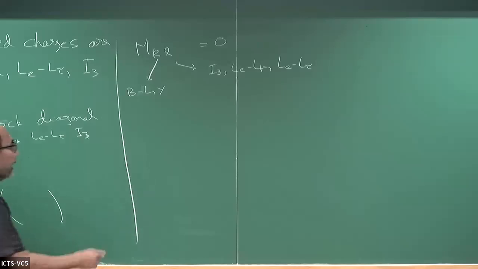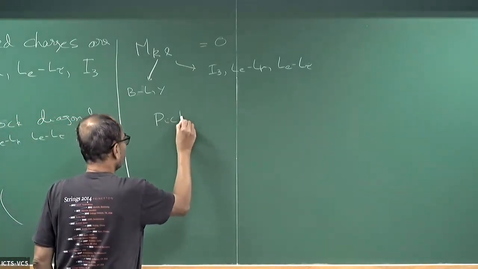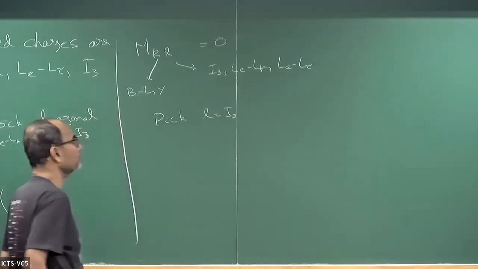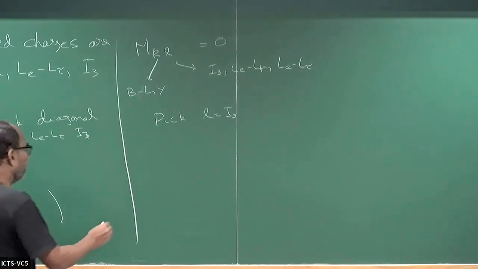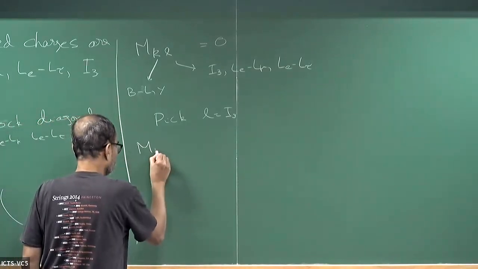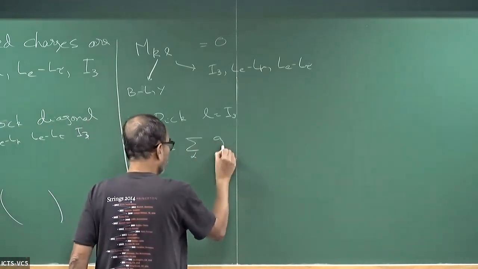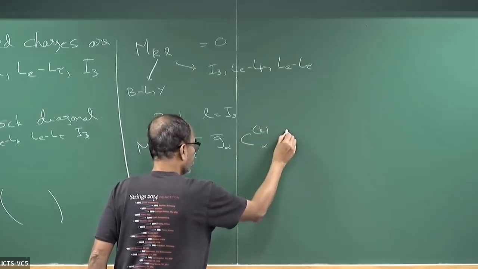So let's pick L equal to I3. The formula for M is the sum over alpha of G bar alpha C_K alpha C_L alpha.